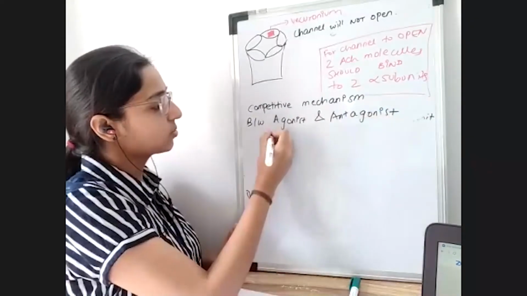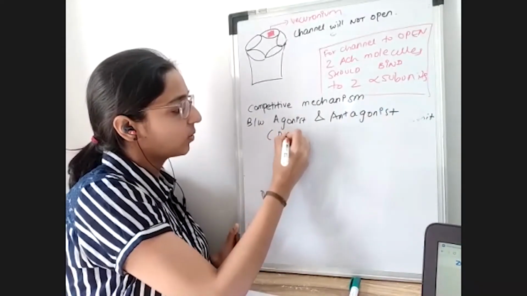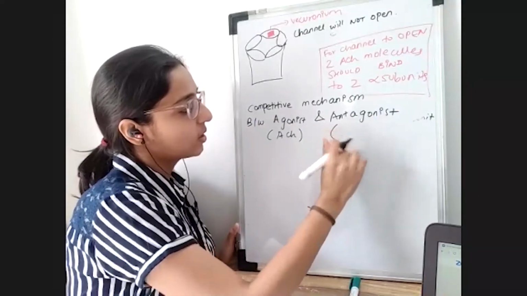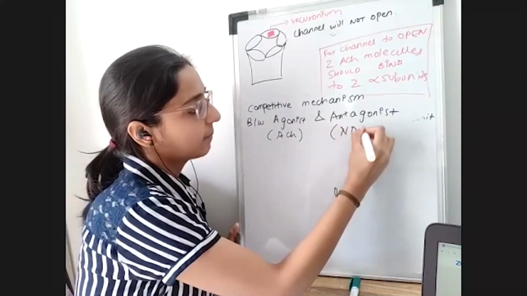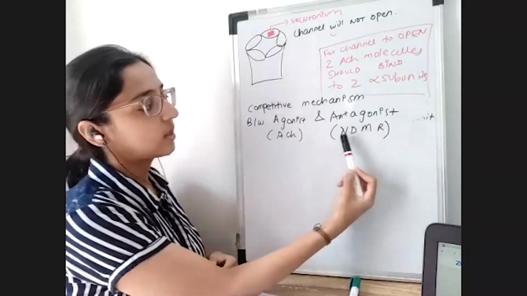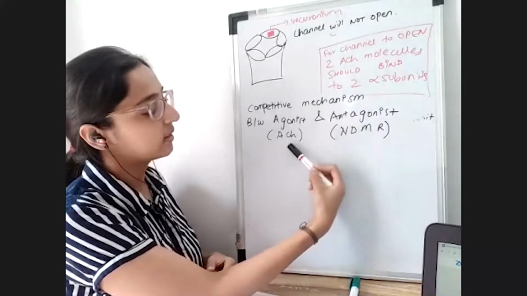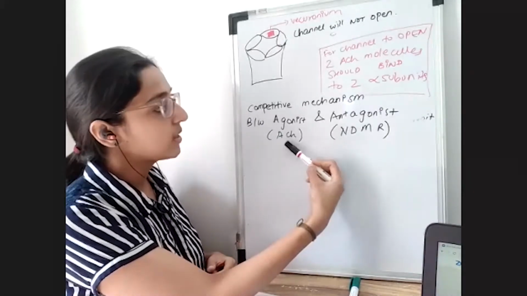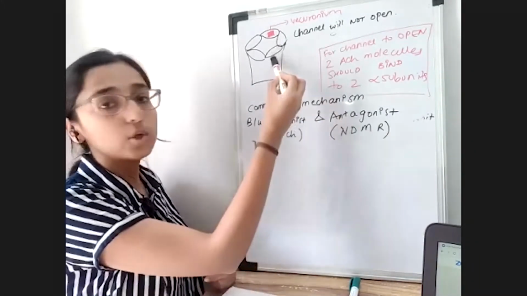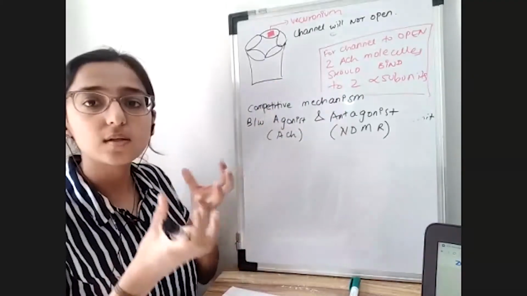By agonist, I mean acetylcholine, and by the antagonist, I mean the non-depolarizing muscle relaxant. I hope this short form is clear. So there is a competitive mechanism between the agonist and the antagonist for occupying this receptor. There's always a phase of competition between them.